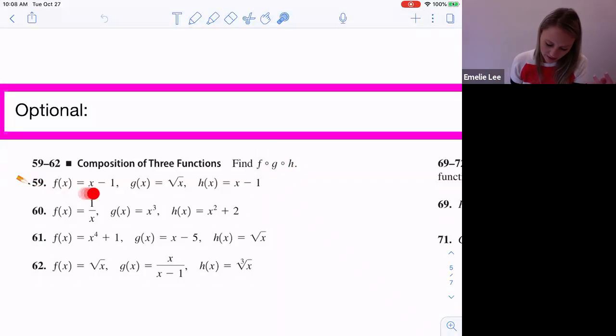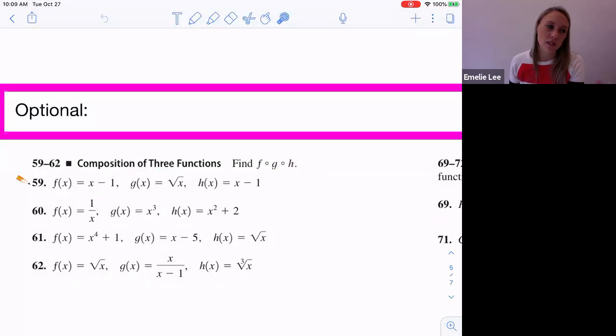And so looking at this one, we're not going to do it per se, but if we want to find f composed with g composed with h, well, that means in g, I need to replace my x's with x plus 1. So that's going to be the root of x plus 1. Fine. Then I'm going to stuff that in for x into f of x. So then I get the root of x plus 1 and then overall minus 1.